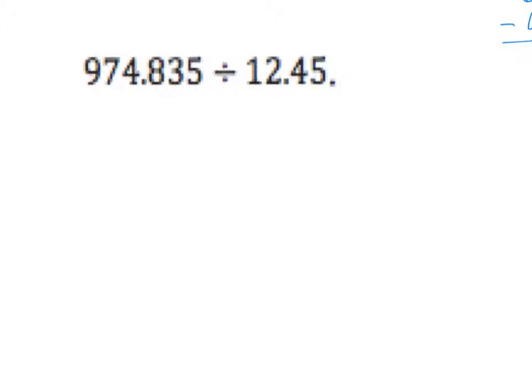So I'm not actually going to do this whole one with you. I just want you to remember that first the dividend goes in. Dividend in, 835, there's my decimal, and the divisor goes on the out. So what we're dividing by goes on the out.